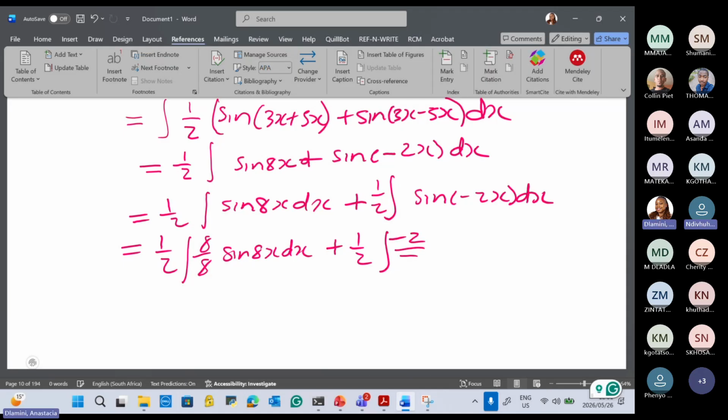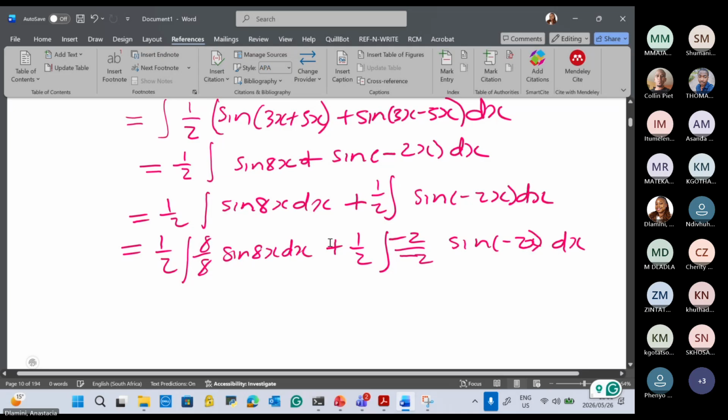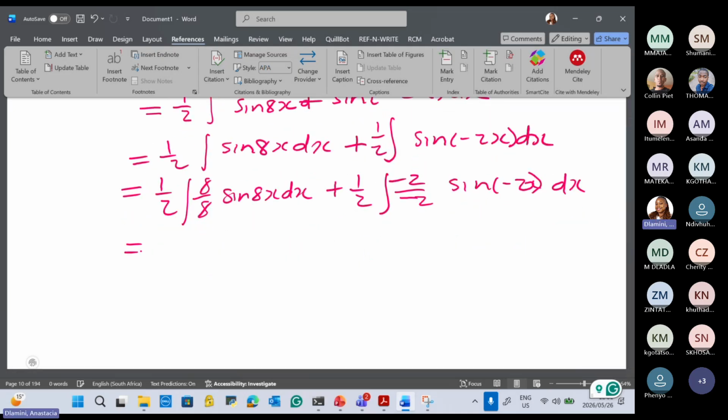Yes, negative 2, sine of negative 2x dx. Okay, I'm following you. So meaning here we take out the, so this will be 1 over 16. Is that what you're saying? Yes, 1 over 16.